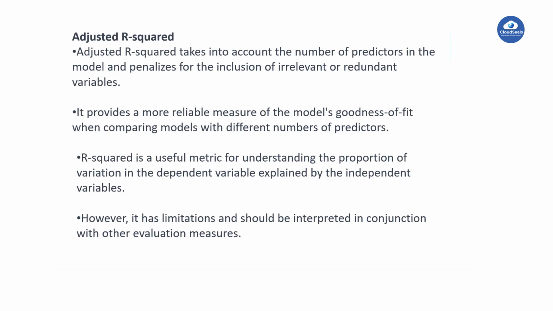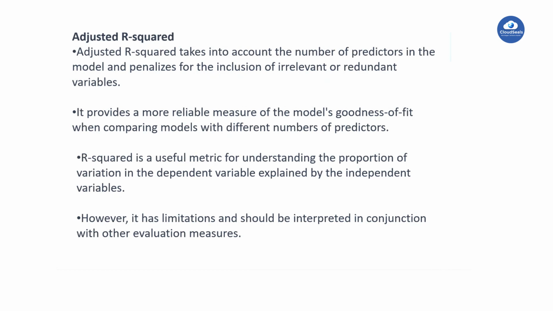To avoid those limitations, we'll use the adjusted R square value. This adjusted R square value is based on the predictors, or independent variables. It takes into account the number of predictors in the model and penalizes their inclusion. For example, what if we have a lot of independent variables? Let's take 30.